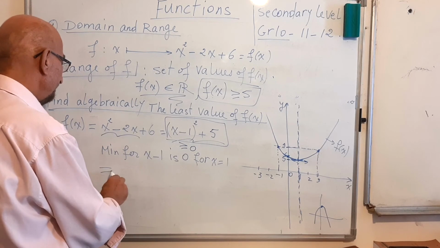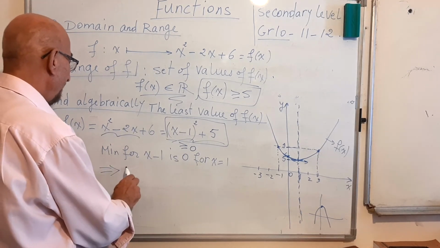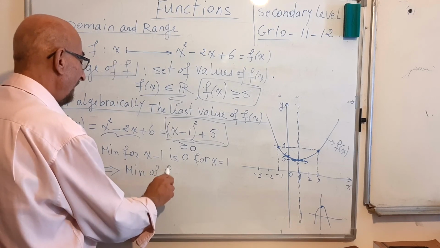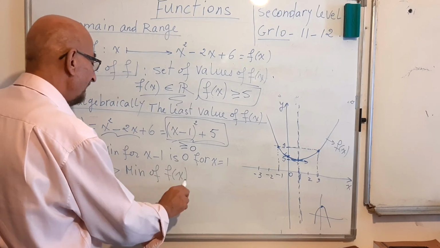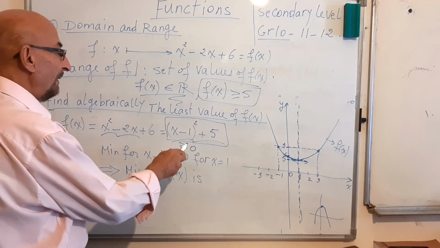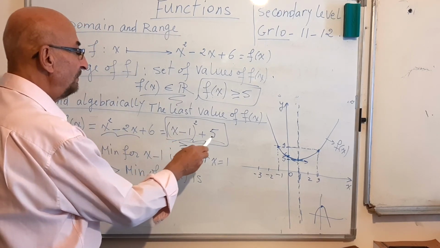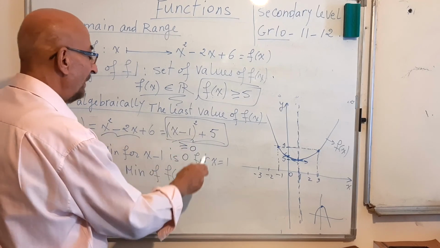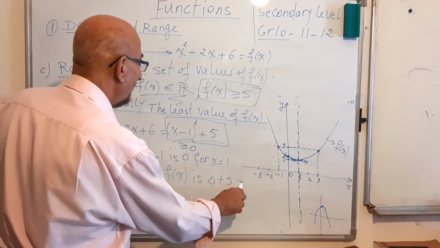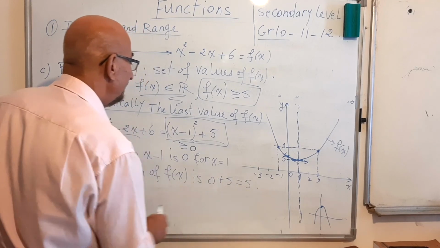Then the minimum of f of x is 0 plus 5 equals 5.